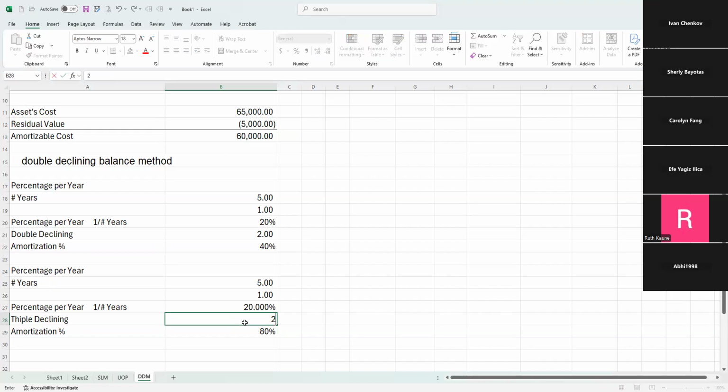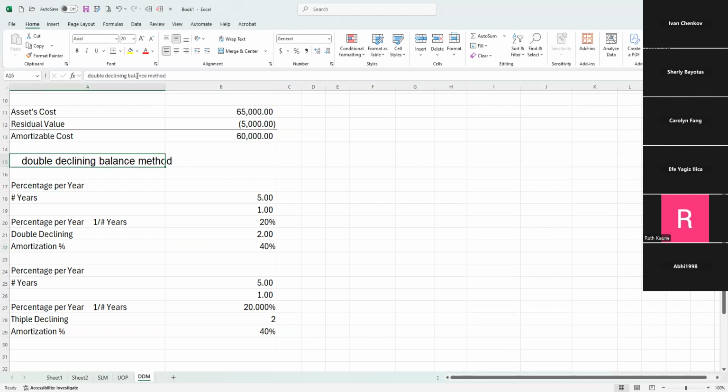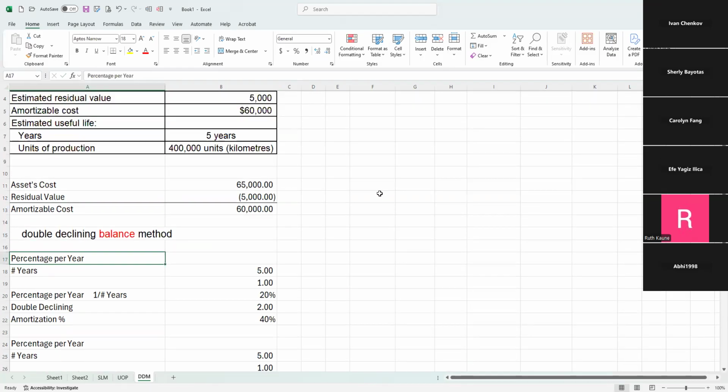Okay. So let's stay with double declining now. Once we get the double declining, now we know how much amortization we have to take every year. 40%. On what? On the balance. What balance? Now that's the key. So let's start preparing the schedule and we're going to see which balance.